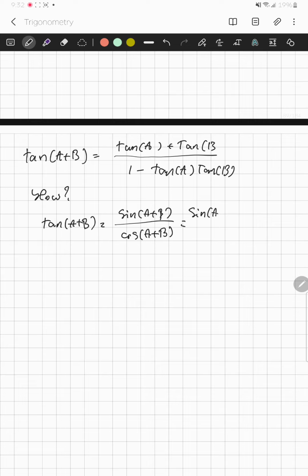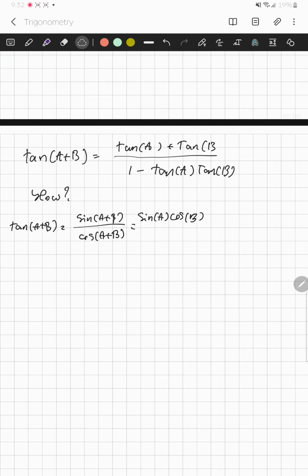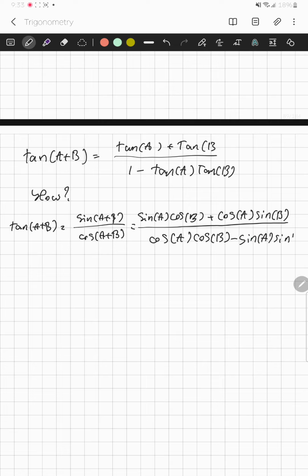This is sine a cosine b plus cosine a sine b, and here cosine a cosine b minus sine a sine b.